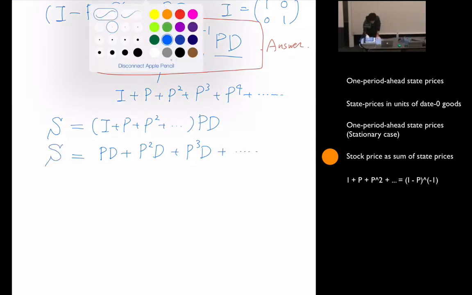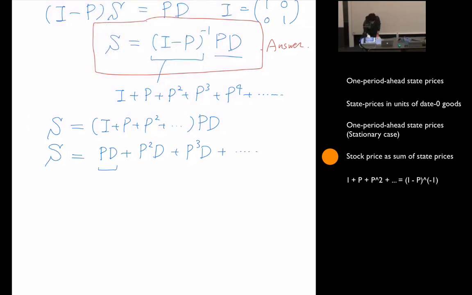This part, we saw this in question 1. This is the current price of an asset that will give you either DU or DD at date 1. Nothing else.